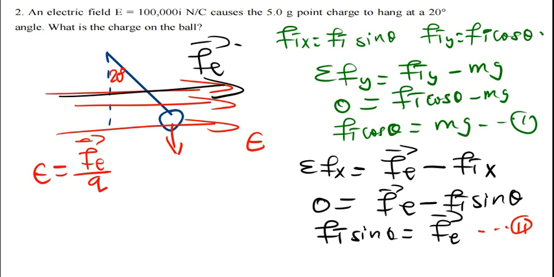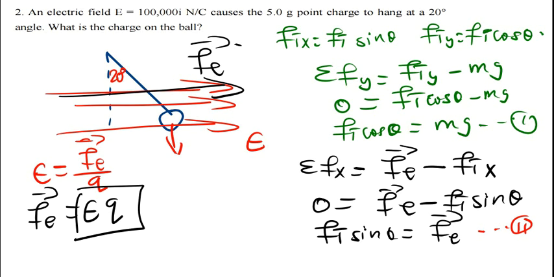So we can make the electric force the subject of the formula. It will be electric field times charge, meaning that where there is electric force, I can replace it with electric field times charge, because I have the electric field and I want to find the charge. So this guy here is going to be replaced by this guy.